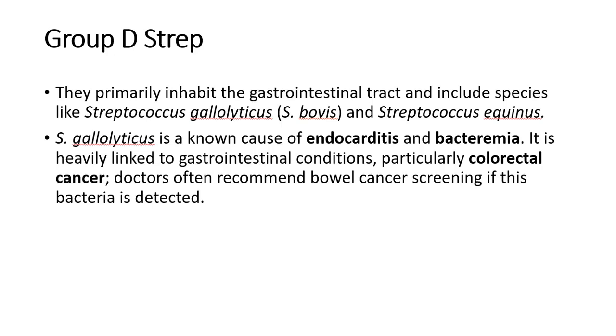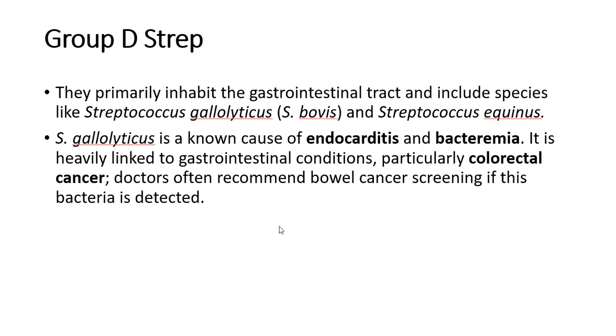All right, Group D strep. They primarily inhabit the gastrointestinal tract, and you can see Streptococcus equinus, Streptococcus bovis, cows, horses. For us, Streptococcus gallolyticus is a known cause of endocarditis and bacteremia.